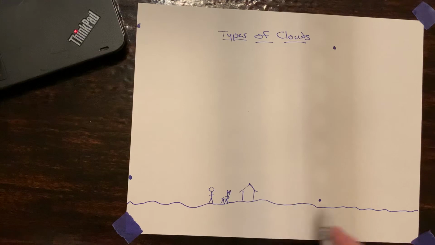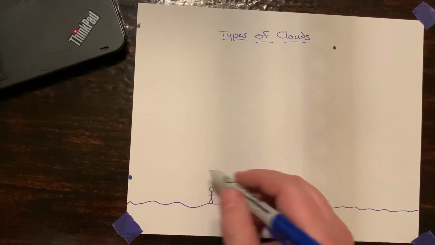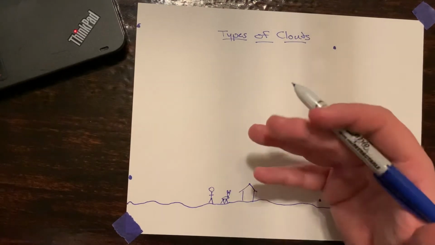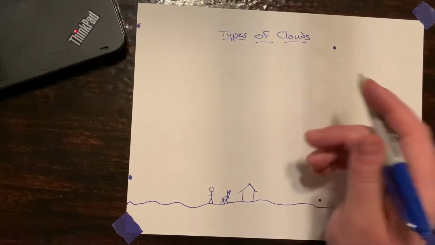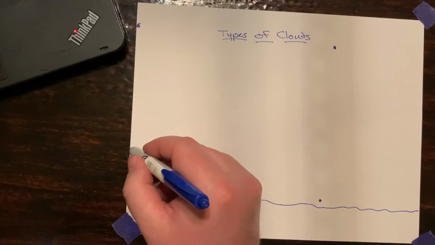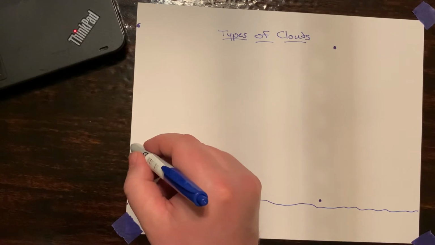And if you want, you can have some other items on your land, that's just fine. But when we name clouds, clouds can be named in a number of different ways based on their appearance and also based on how high up they are, okay? So we've got to keep in mind a few cutoffs for height.